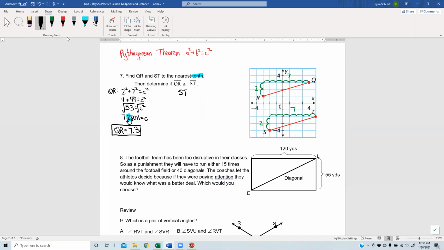So ST is going to be 2 squared plus 7 squared equals c squared. 2 squared is 4. 7 squared is 49. 4 plus 49 is 53. And by now, hopefully you recognize where we were at to begin with. So ST has to also be 7.3.